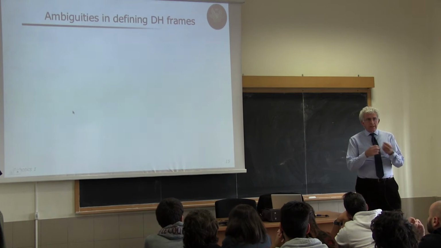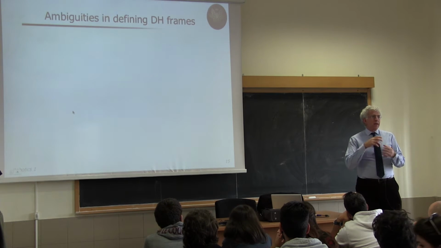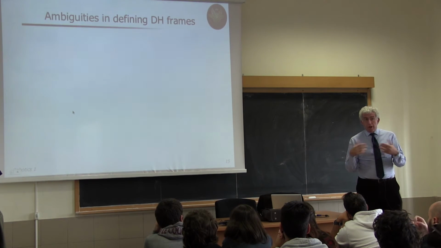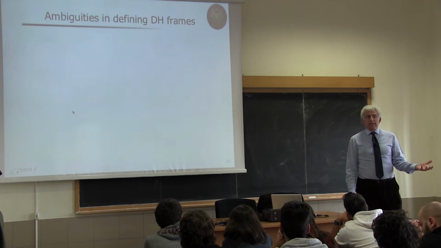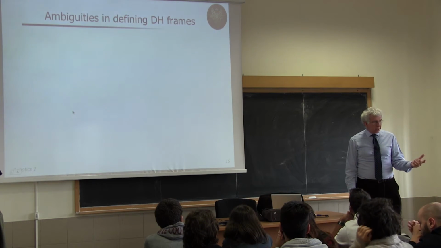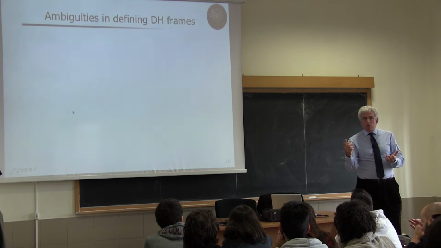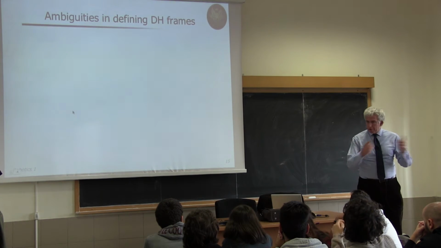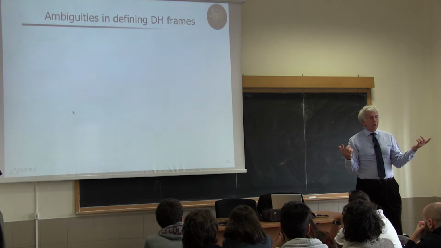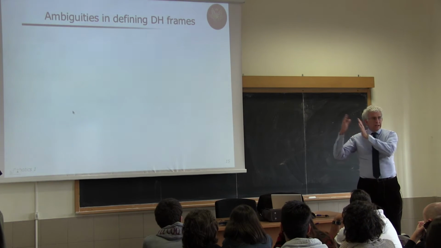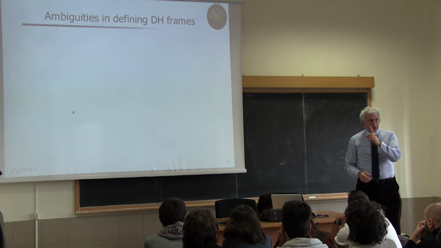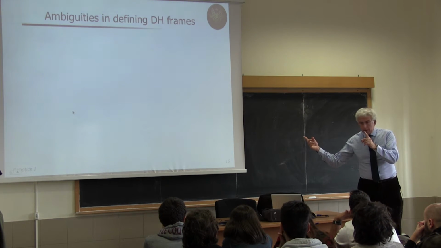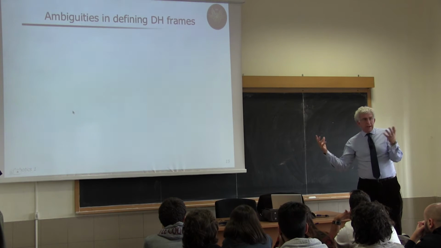Because we have seen that the definition of frames goes through the definition of common normals, and if we have link 0, where frame 0 is placed, we have joint 1, but we don't have joint 0 to define a common normal. And similarly, for the last frame attached to link n, we have joint n, but we don't have a joint n plus 1, so we cannot define a common normal.